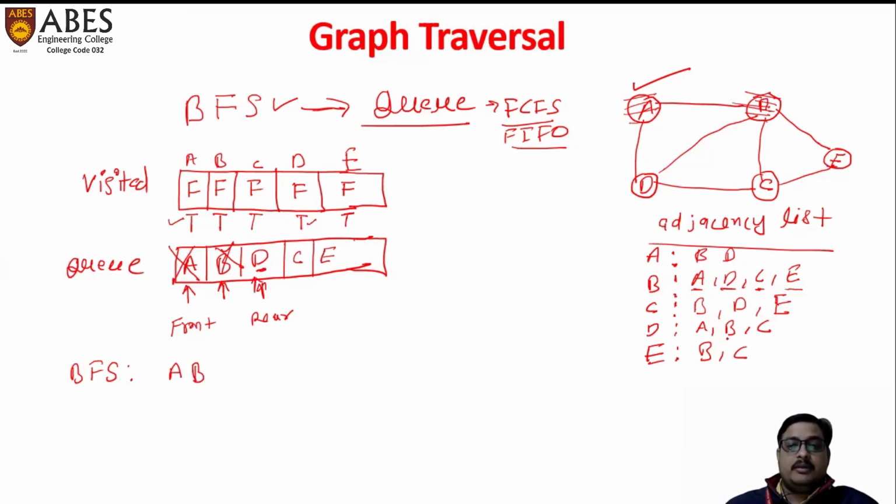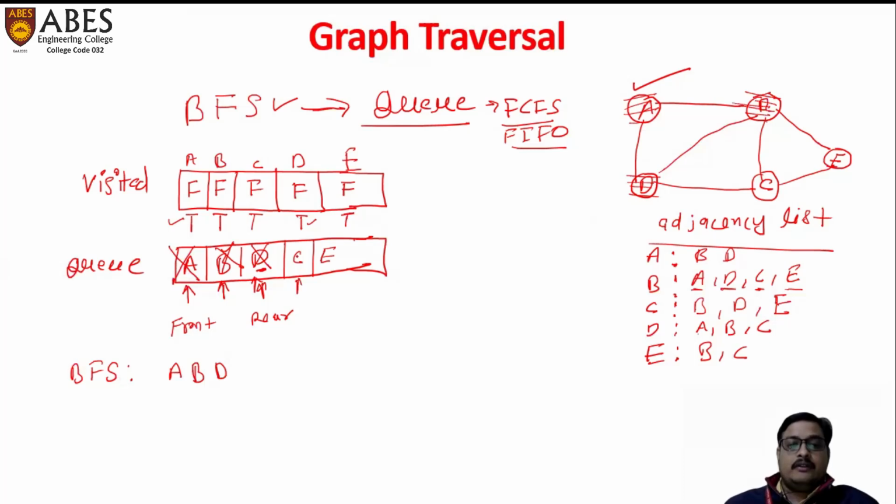A, B, and C, and the status of A, B, and C is already true. So we will not add anyone, and we will just pop this D from the queue and add it to the BFS, and change the status here also in the graph.